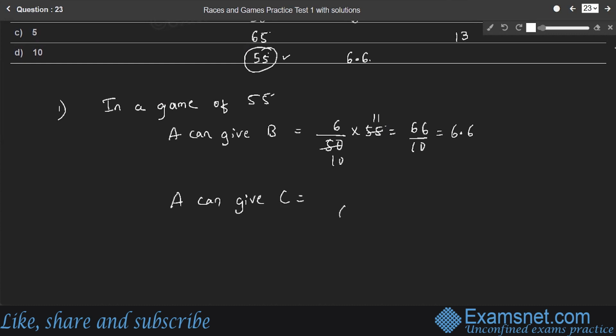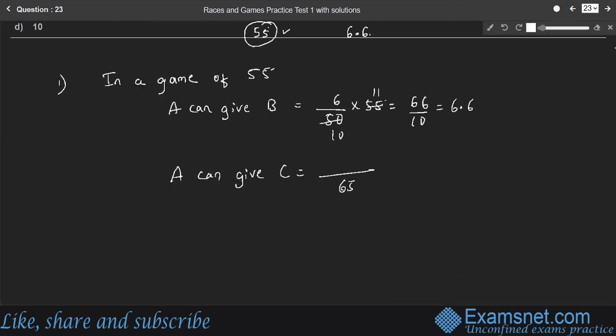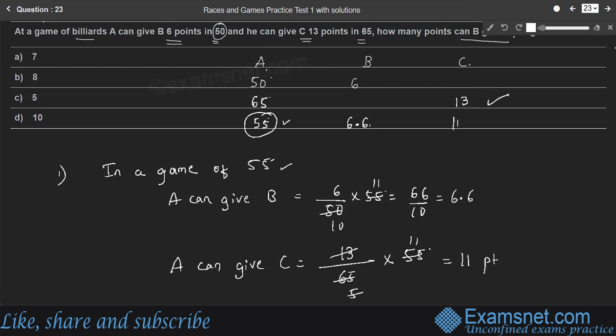In a game of 65, A can give C 13 points, which is already given in the question, right? Therefore, in a game of 55, so 13 into 55 by 65. So in a game of 55, A can give 11 points to C, right?